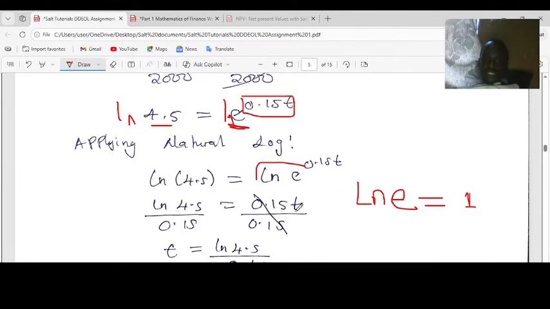So if I apply natural log on both sides, when this drops down, I'm going to have 0.15t multiplied by 1. I still have natural log of 4.5. I need to solve for t, so I divide both sides by 0.15. I remain with t equal to natural log of 4.5 over 0.15.